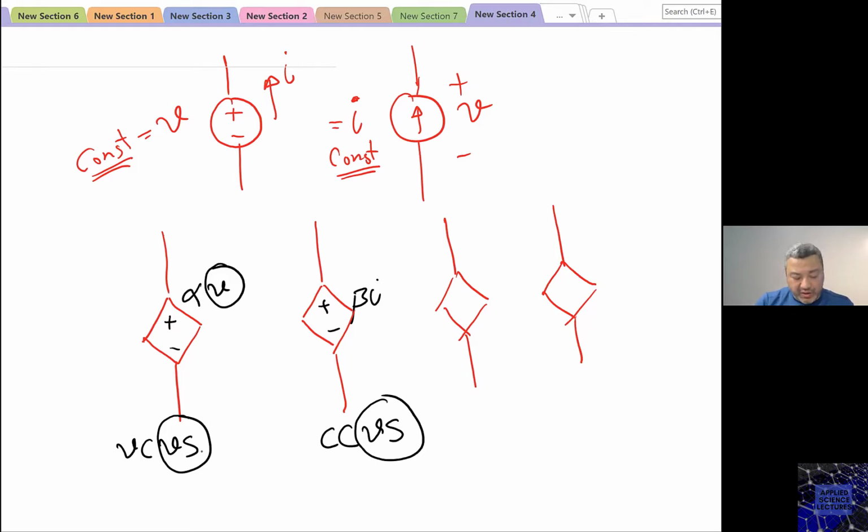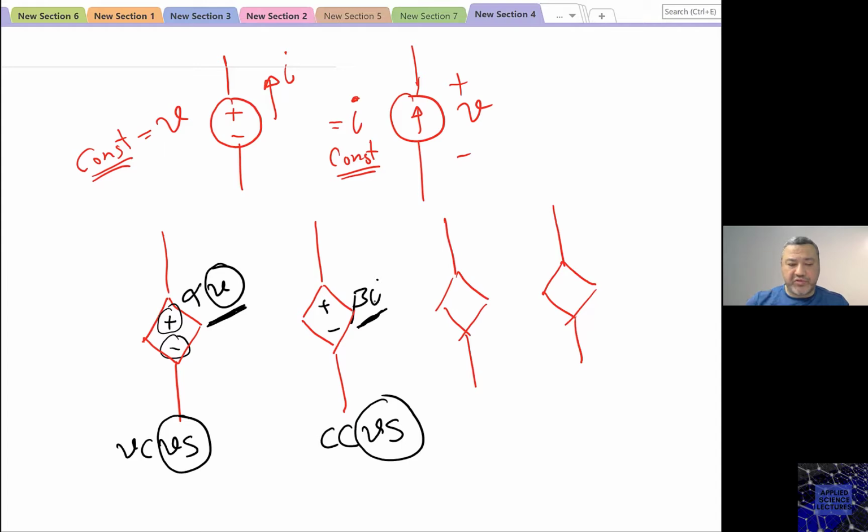How did I know? Look at the plus and the minus. However, this one is controlled by a voltage, because this one is controlled by a current. So this is the controlling variable, right? That's why we call them dependent. They're different than the independent.